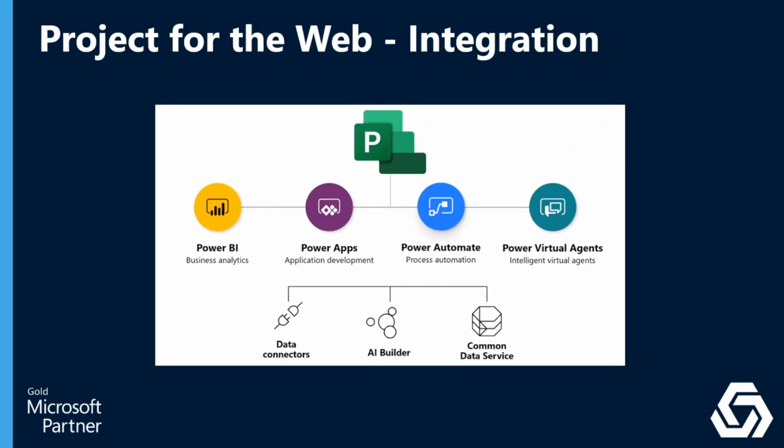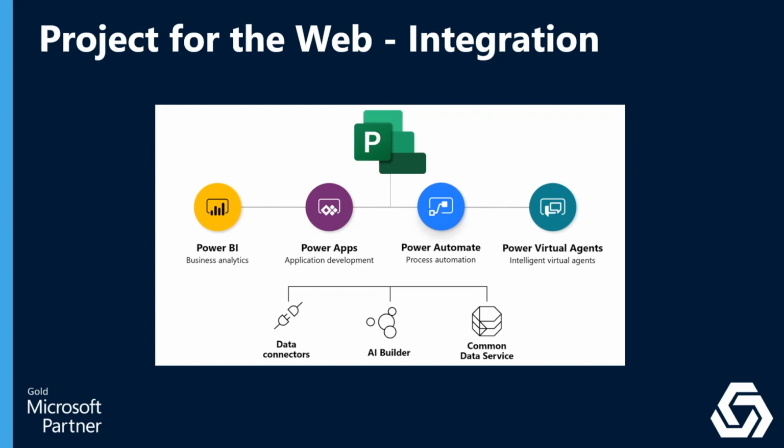Because it's in the Power Platform, the integration potential of Project for the Web is really, really powerful. So you can use the Power Apps, as I talked about earlier. Power Automate you can use as well to do workflow optimization and triggering. So you put a task in, and then you assign a task to a person. They're going to get an email saying you've been assigned to a task. That's using Power Automate to drive that email.